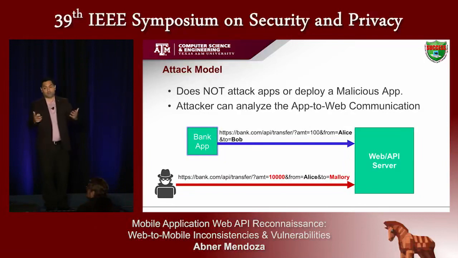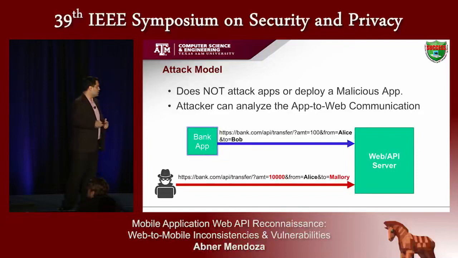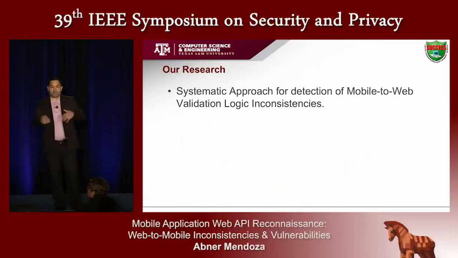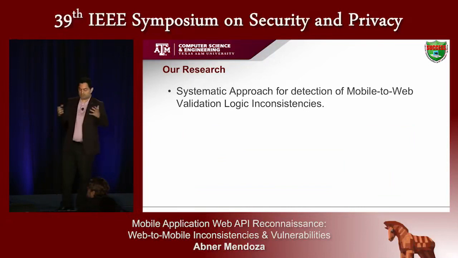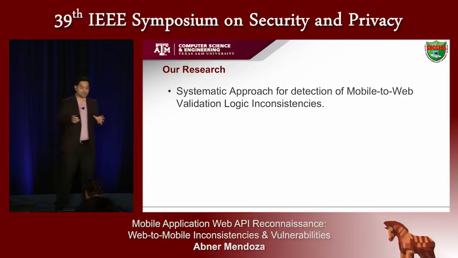But if it's not implemented properly, the server will accept that input, invalid from the perspective of the app. Right? So he might change where he's sending the money to and send it to himself from Alice's account. So in our research, we take a systematic approach for detecting these types of mobile-to-web validation inconsistencies.